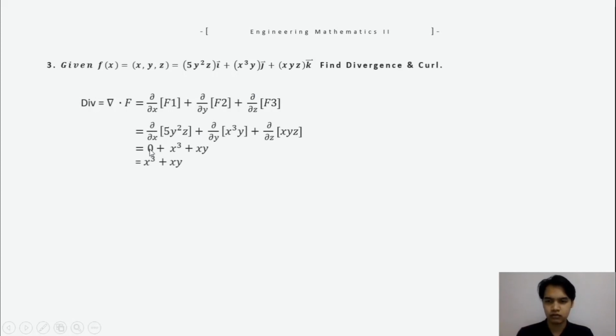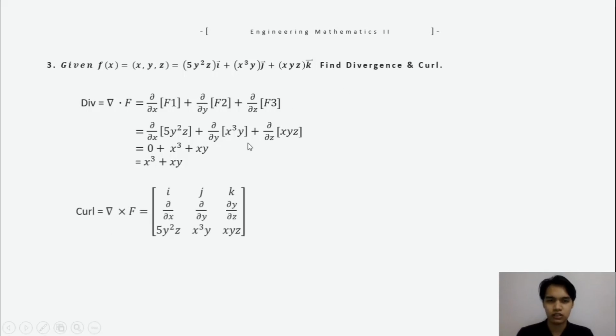And we get 0 plus x to the power of 3 plus xy. And at the end, we get x to the power of 3 plus xy. So make sure that for the dot product there is no i, j, k.